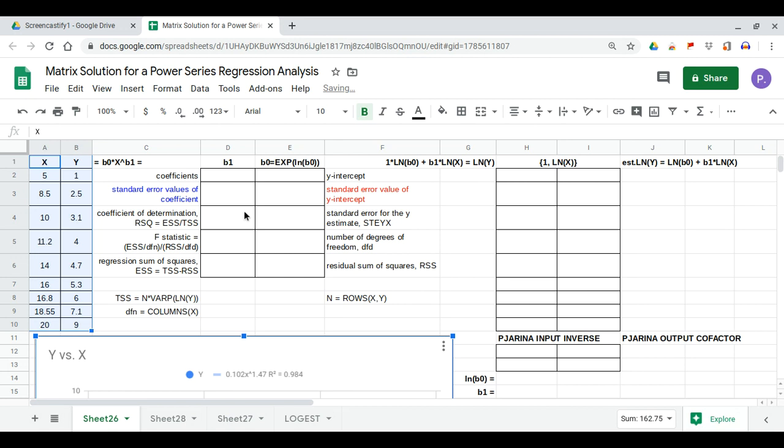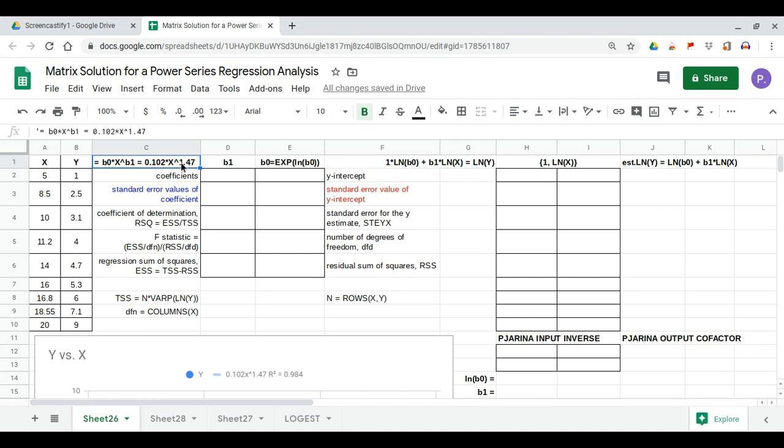The power series equation we have is 0.102 times x to the power 1.47. Converting this to the linear form, we will have ln y equals 1 times ln b0 plus b1 ln x.